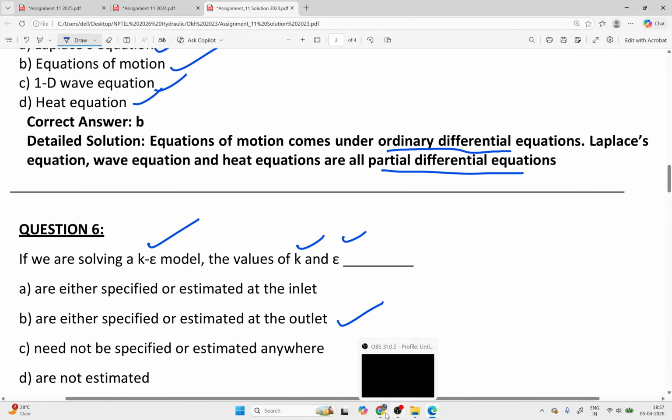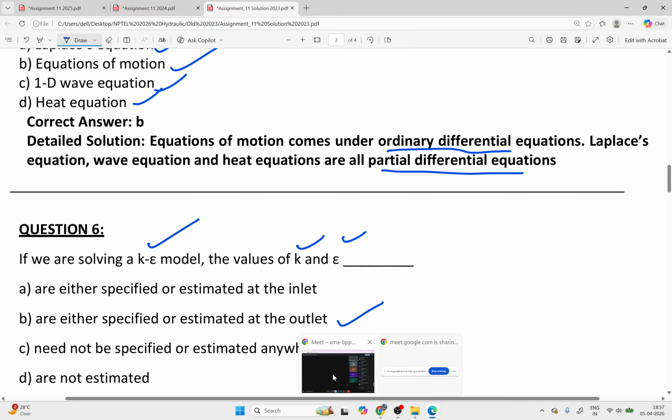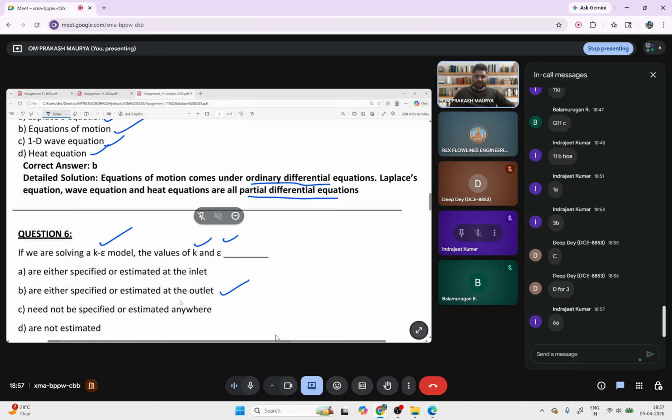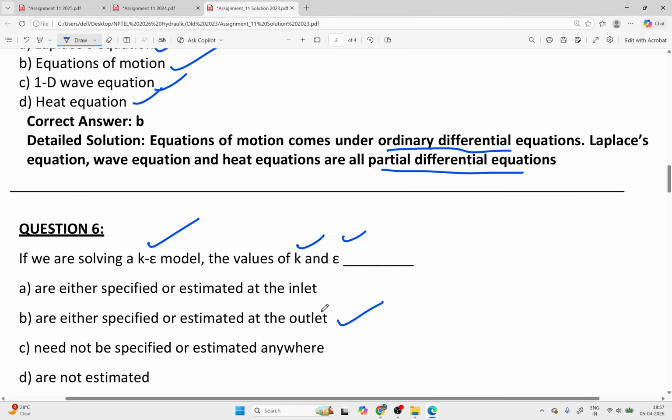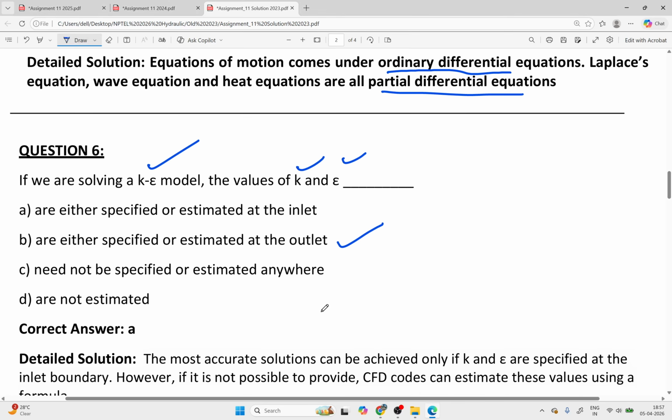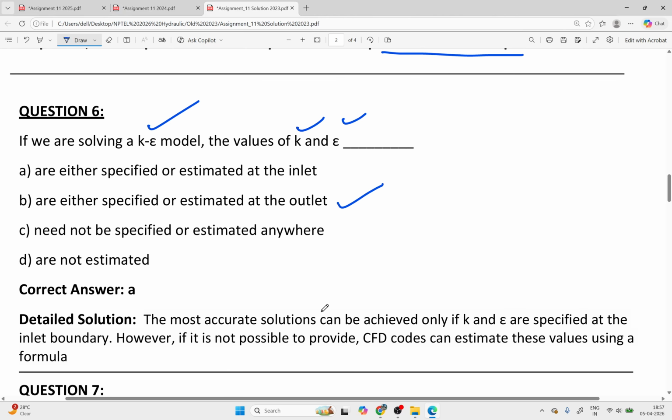I have discussed this during the discussion. You are telling option A. Definitely, we need to define or estimate at the inlet. The most accurate solution can be achieved only if k and epsilon are specified at the inlet boundary, and if that is not possible, the CFD code can estimate these values using formulas.